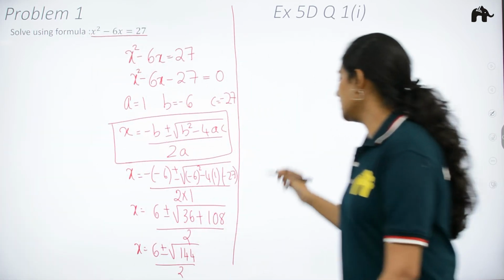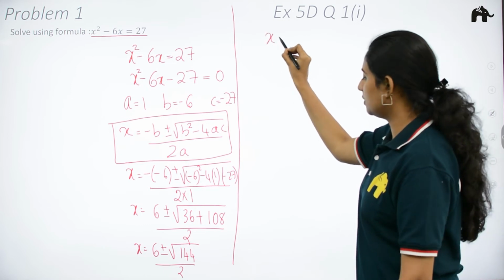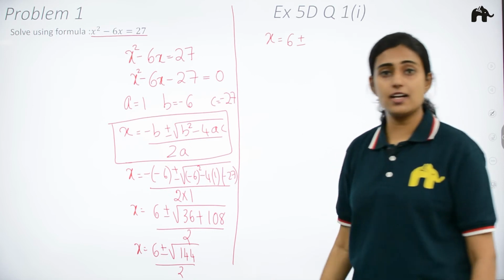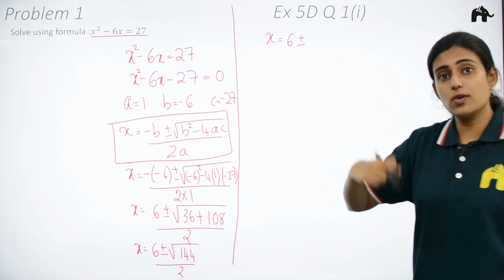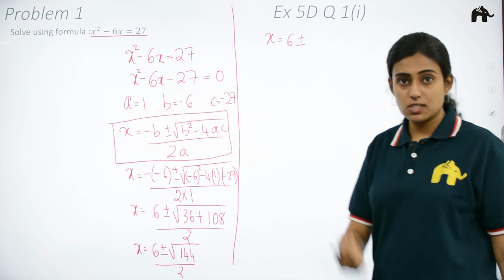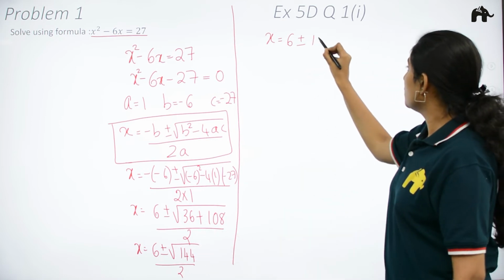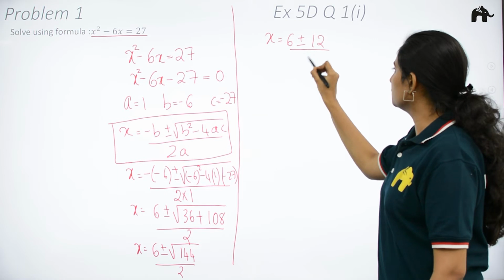We almost reached the answer. X is equal to 6 plus or minus, what is root of 144? We know 12 square is 144, which means root of 144 is 12. 12 divided by 2.